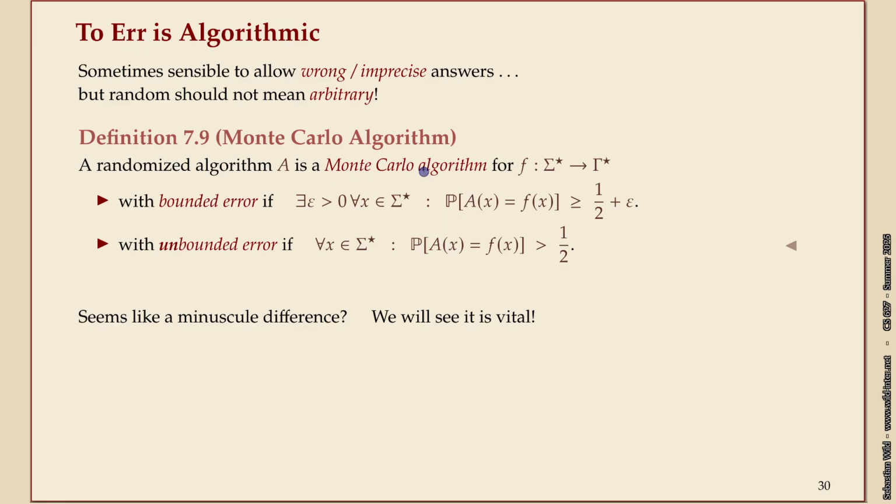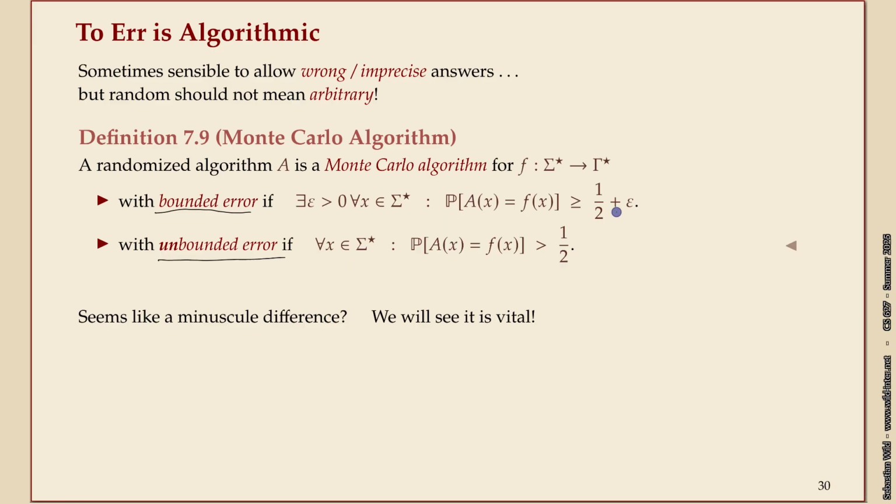Monte Carlo algorithms are only expected to be correct for half of the time. And then the question is, do they have a bounded error or an unbounded error? Which looks very similar, but really the difference is whether you have a fixed constant away from 1/2 that doesn't depend on the input and cannot shrink with n to 0. Whereas the unbounded error could essentially allow that.